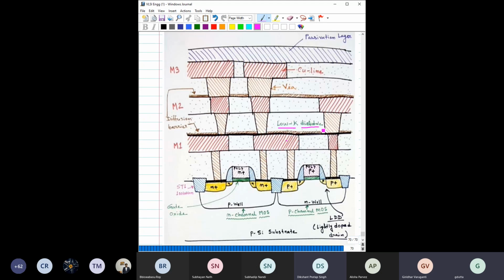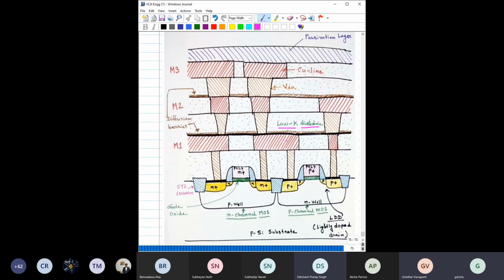Okay, so for example, air has a dielectric constant of 1. If you can get some material whose dielectric constant is close to that, that would be pretty good, right? So this is the whole overview of how CMOS has been fabricated, and a brief discussion on how devices are isolated, and also what the different isolation techniques are, right?